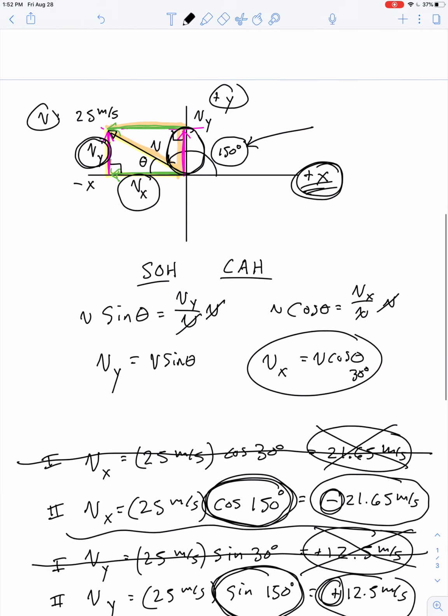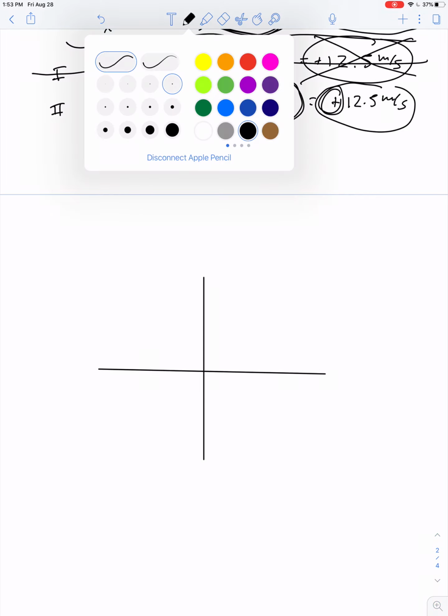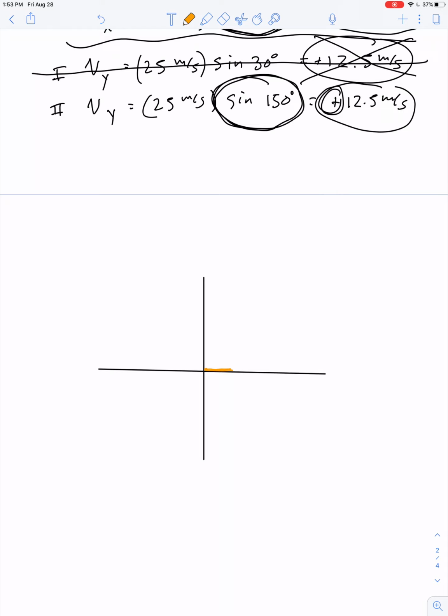Well, a vector that's exactly 1 unit long, instead of 25 units long, if you have a vector that's precisely 1 unit in length, pointing along the positive x-axis, that vector is known as i hat.